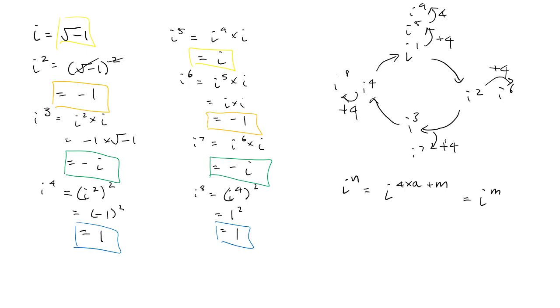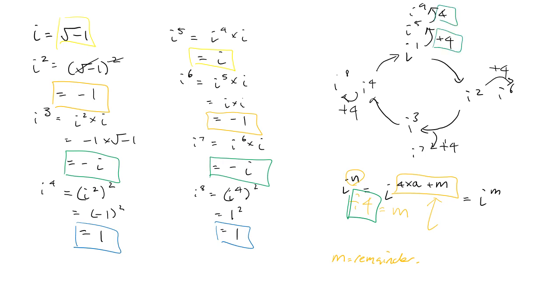And basically what this part is doing is dividing n by 4 and finding the remainder, m. So m is the remainder. We divide by 4 because the pattern goes up by 4.